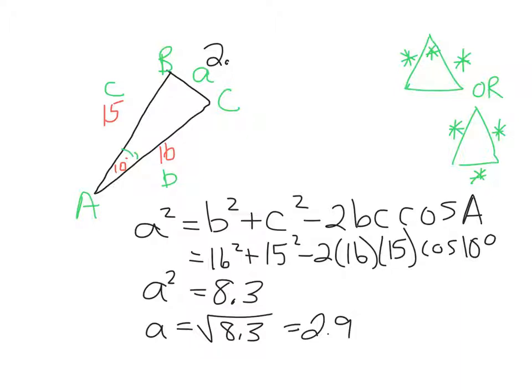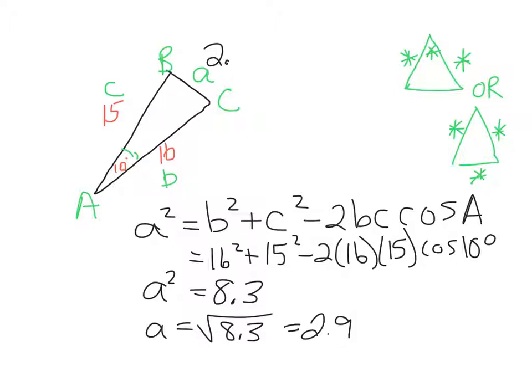If I wanted to find a missing angle with cosine law, say I want to find angle B, I'm just going to use my formula and rearrange it. Cos B equals C squared plus A squared minus B squared divided by 2AC.